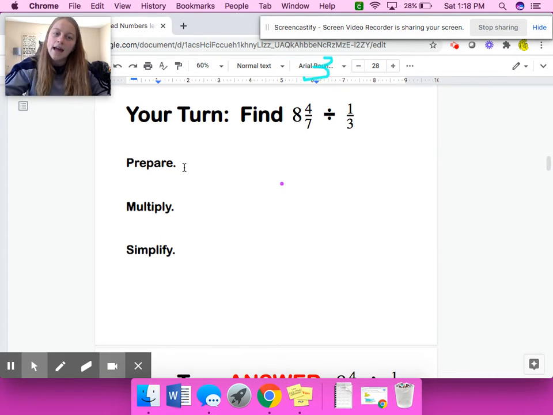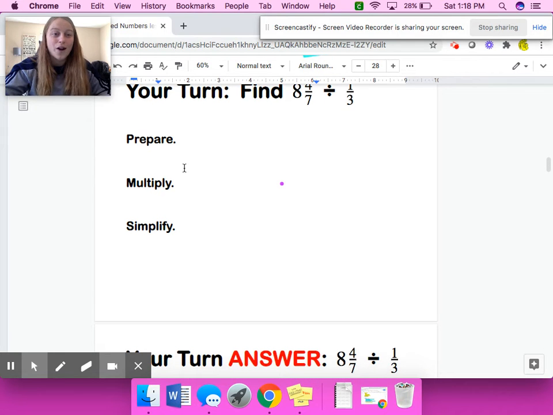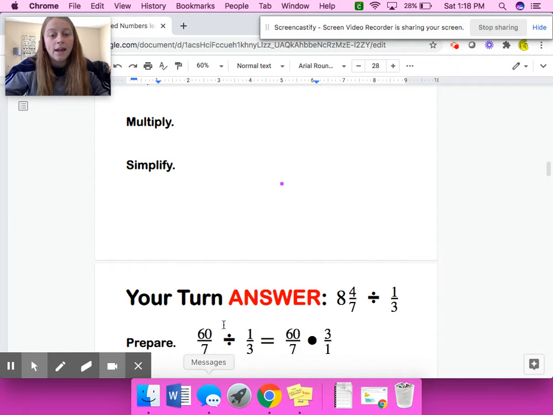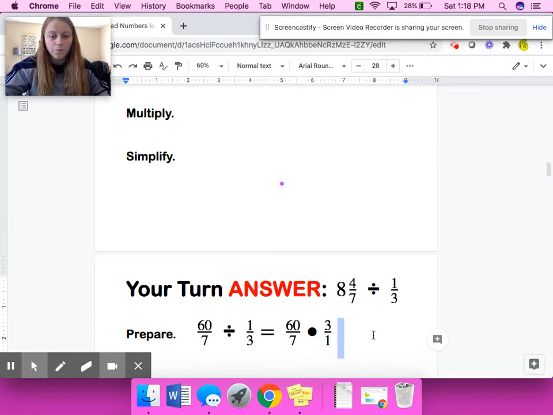All right, let's go ahead and check our answer for this one. So first, we prepared our fraction here by changing our mixed number, 8 and 4/7, to 60 over 7. Then we changed it to multiplying by the reciprocal.